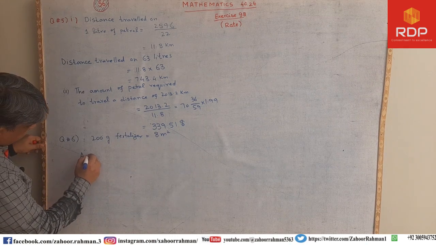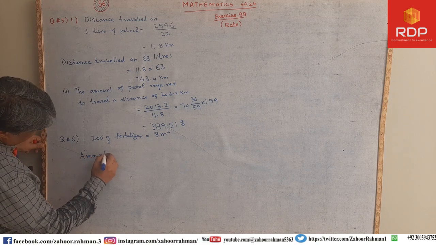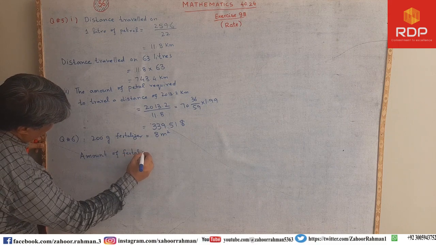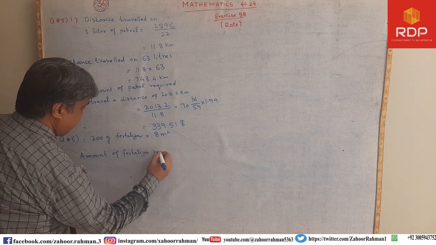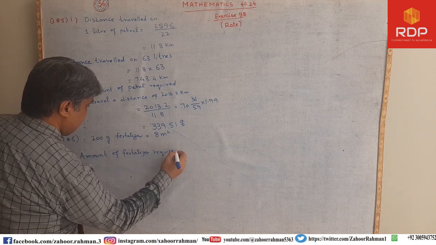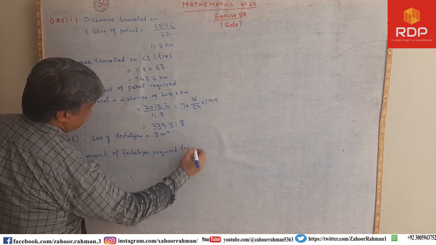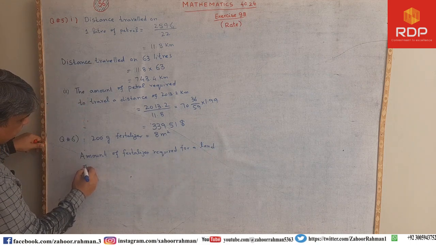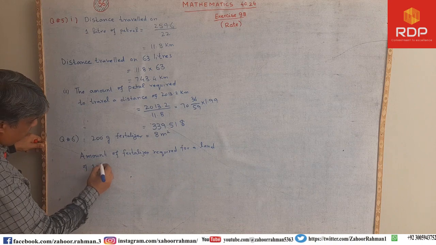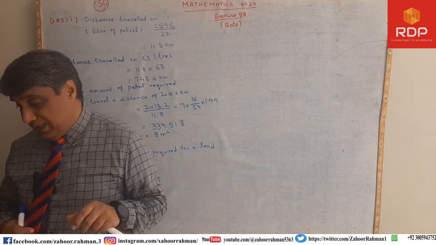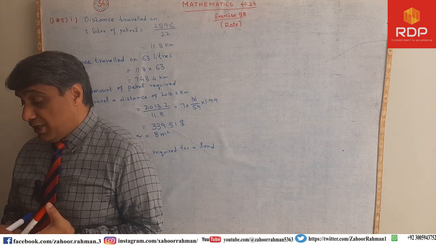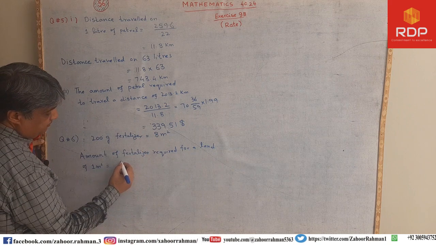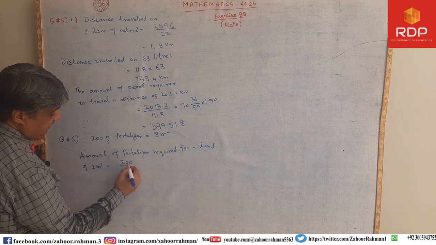The amount of fertilizer required for a land of 1 meter square will be equal to 200 divided by 8.